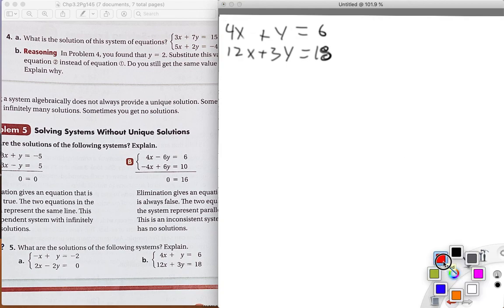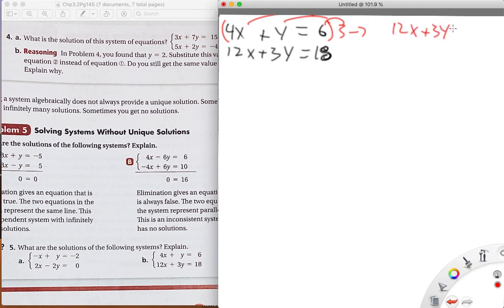The top part I can multiply by 3, and I get 12x plus 3y equals 18. And on the bottom I have 12x plus 3y equals 18. Hopefully you noticed something.